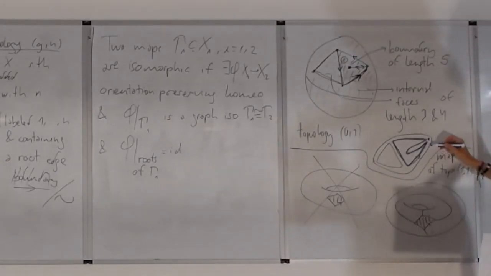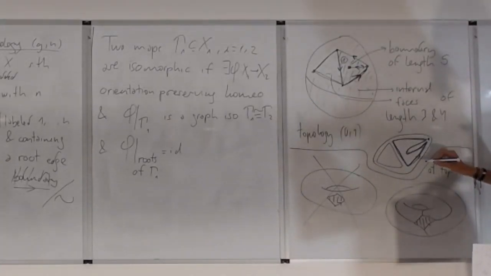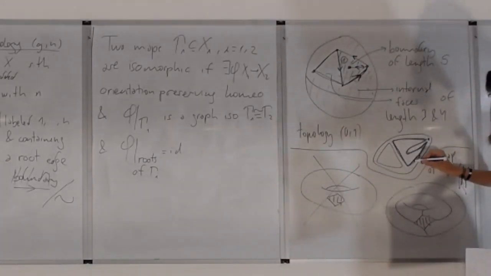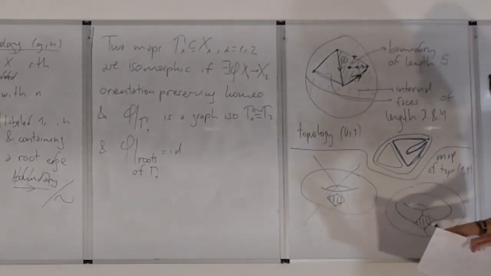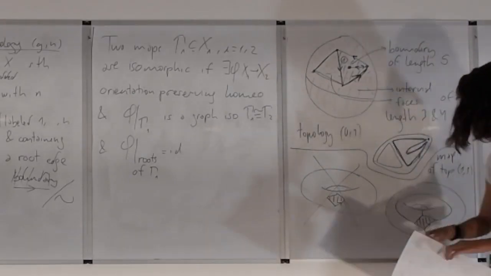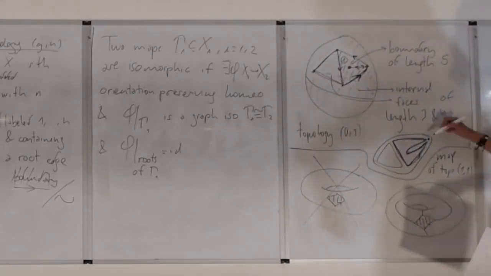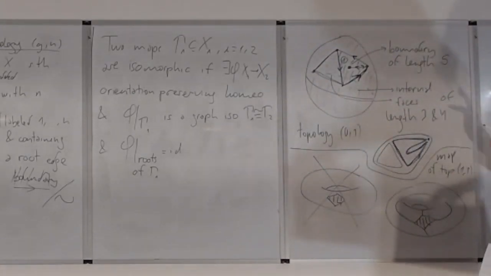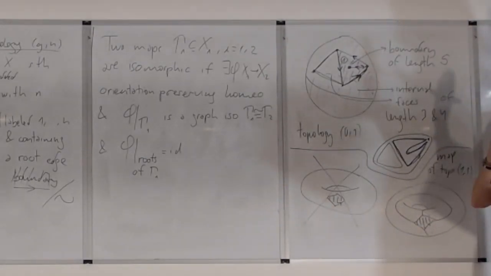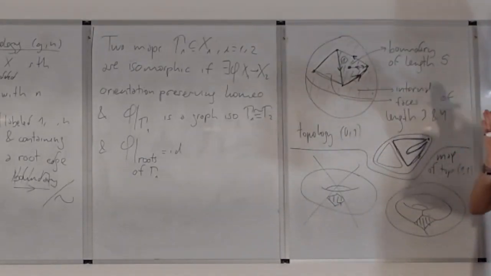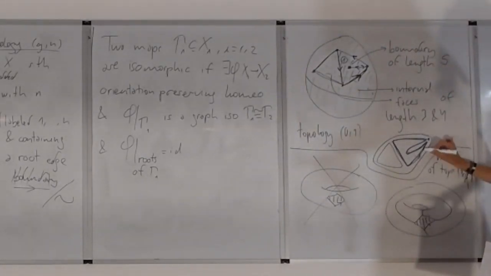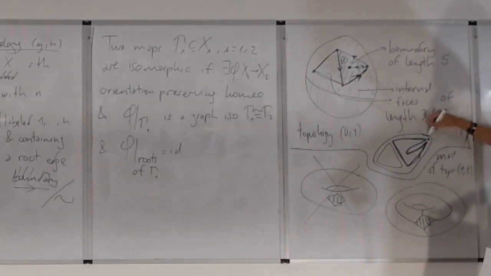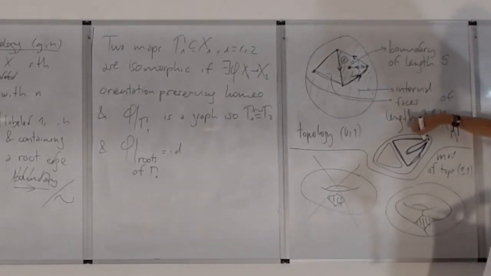So it's 3. Let's say that the half edges incident to a vertex are the ones that are ingoing. Then this one is ingoing, this one is, and this one is.